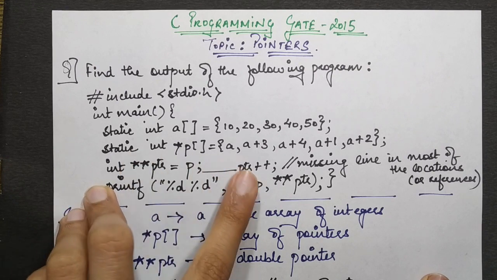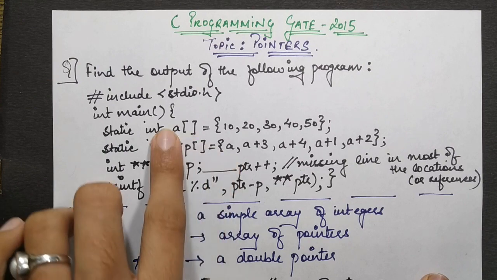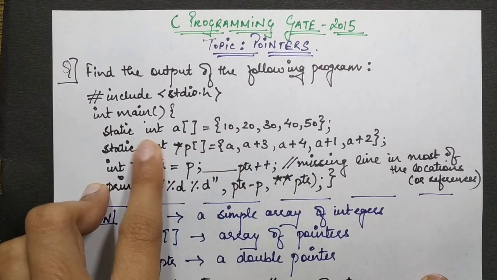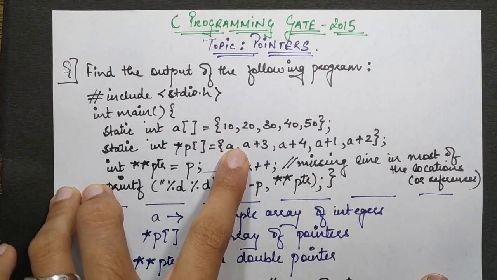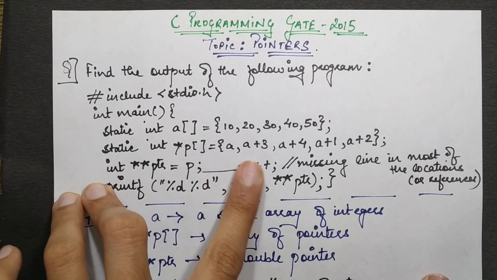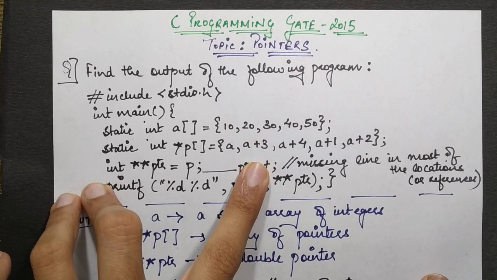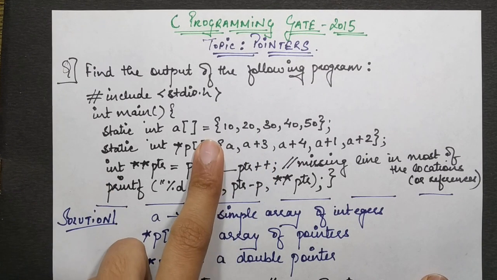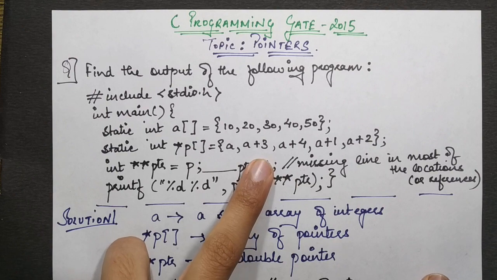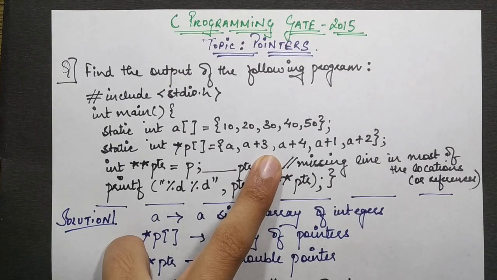When I just say A, since this is an array, it gives me the starting address of this array. Similarly, A plus 3 would give me the address of the third element of that array.